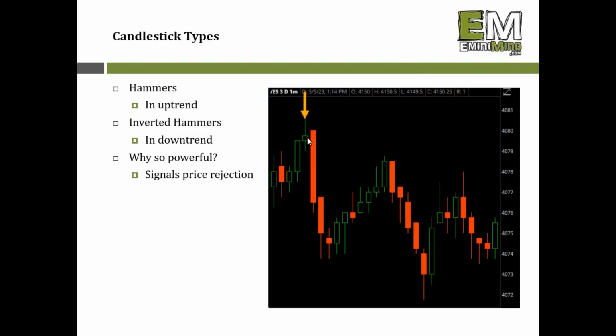So price rallied in the case of an inverted hammer and then was rejected. Could be at a resistance level, could be at a prior high, could be for a whole number of reasons, but by the time that 1 minute bar closed, price was rejected and now price was going down. So we'd be looking at shorting with that fresh momentum to the downside.